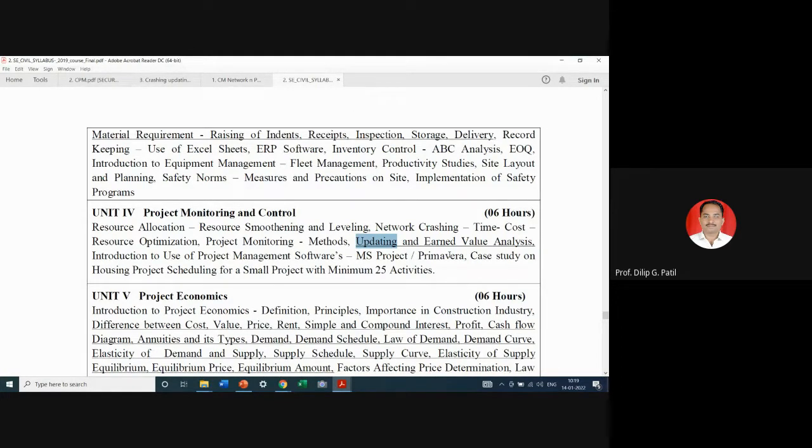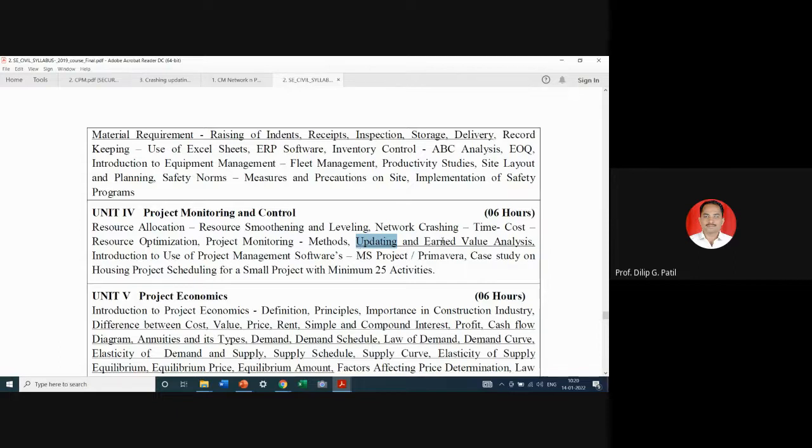So considering all these aspects, we will revise the project network and we will again find out, means already earlier we had decided the critical path, we had found out the project duration, all these things. But after a review at the first month, second month, the project duration will get changed due to many changes in the activity durations.